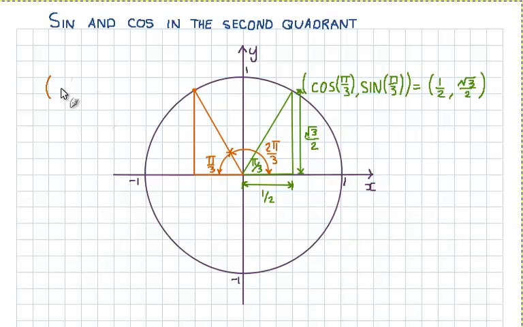So the coordinates of this point in a trigonometric form will be cos of 2 pi on 3 and sine of 2 pi on 3.